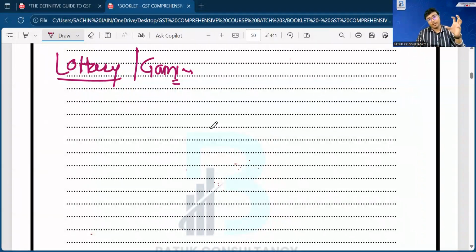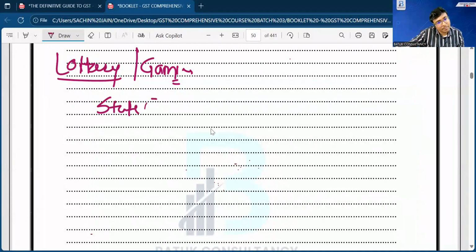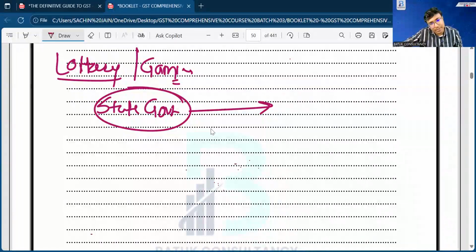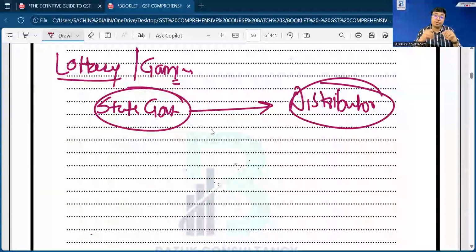Now the state government has distributed that lottery to the distributor, and the distributor is going to make the supply in the domestic market. So the question is, when the distributor supplies those lottery tickets in the market, on what value does the distributor have to pay GST?